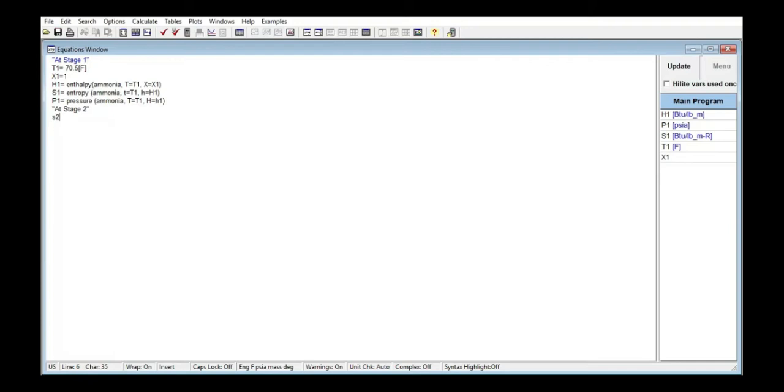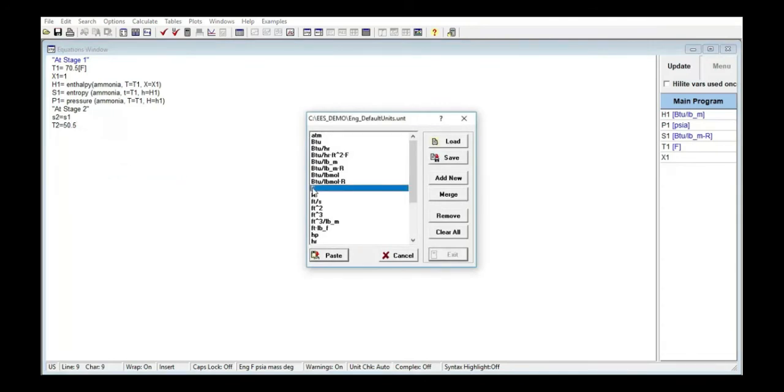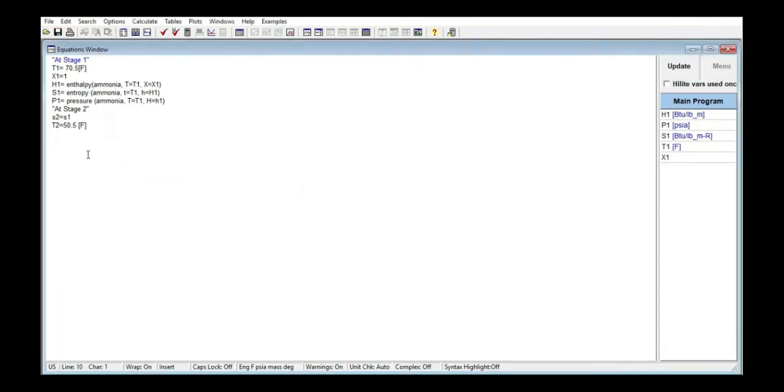Now as it is isentropic, the entropy will be the same at stage 1 and stage 2, so S2 equals S1, and the temperature is as given, 50.5 Fahrenheit. We will also mention its unit, F, and paste.